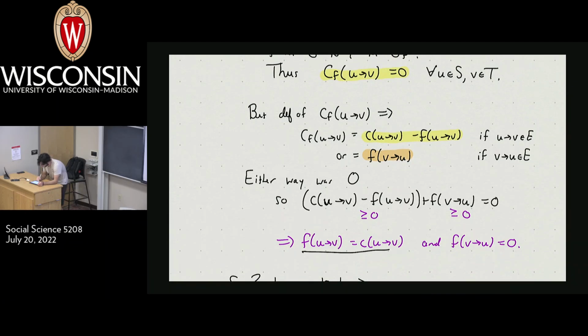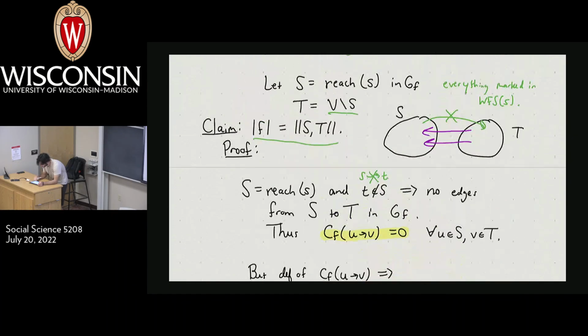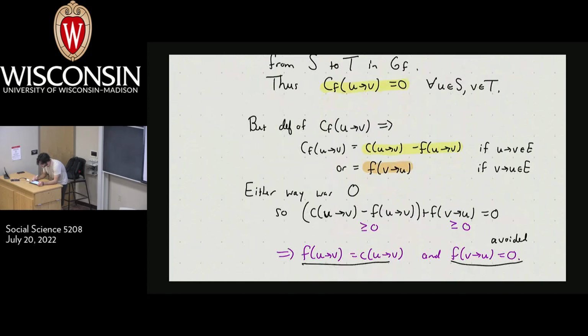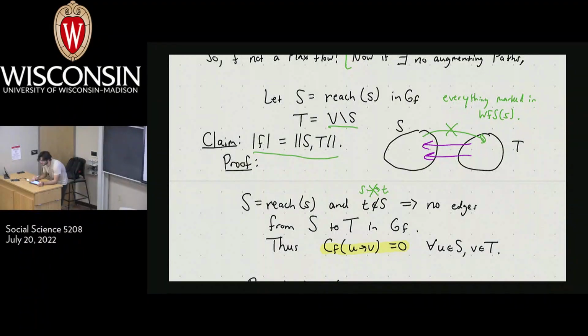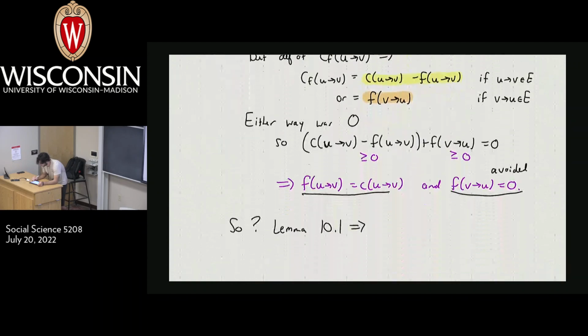And so what does that mean? That means we've avoided all the edges, we've avoided all those purple edges, and we fully saturated all the green edges in the original graph.